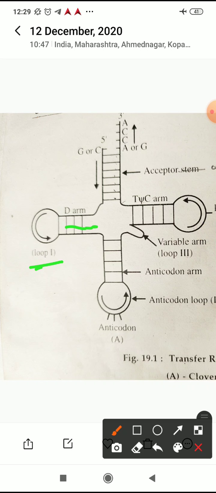Here only 8 to 11 nucleotides are there in loop 1. Next to that, anticodon arm. So this is the anticodon arm, which consists of 5 base pairs, and it is also called as a anticodon loop or loop 2, which is made up of 7 nucleotides.